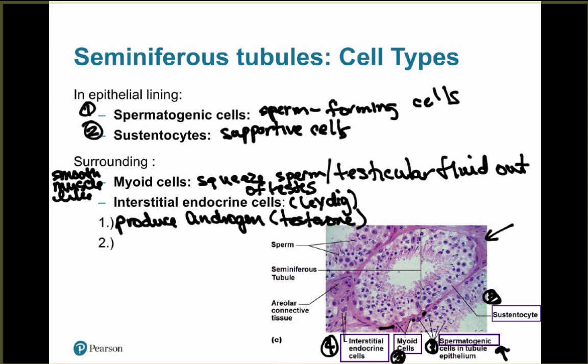And they secrete it basically into the interstitial fluid there. Right now, we're just looking at where they're located. In a few minutes, when we get to the physiology part, we'll talk about what all these things are and how they're important.